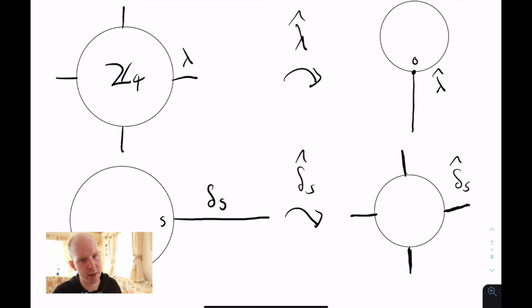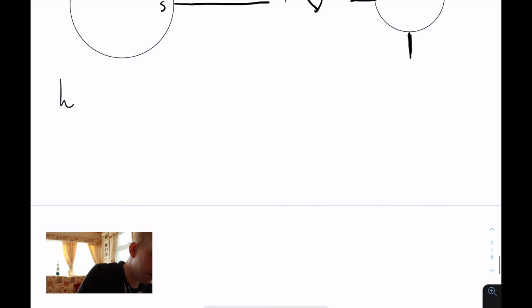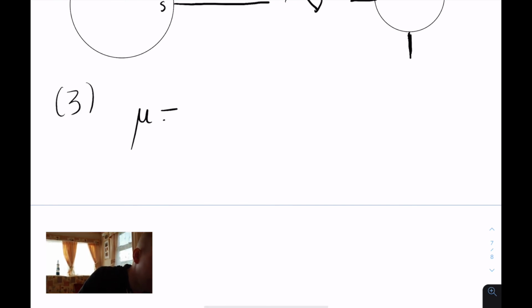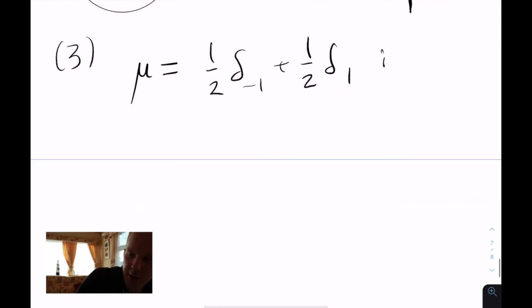That sometimes can be easier. For example, take example 3, mu equal to a half Dirac at minus 1 plus a half Dirac at 1, which we've been using, in Z_p.